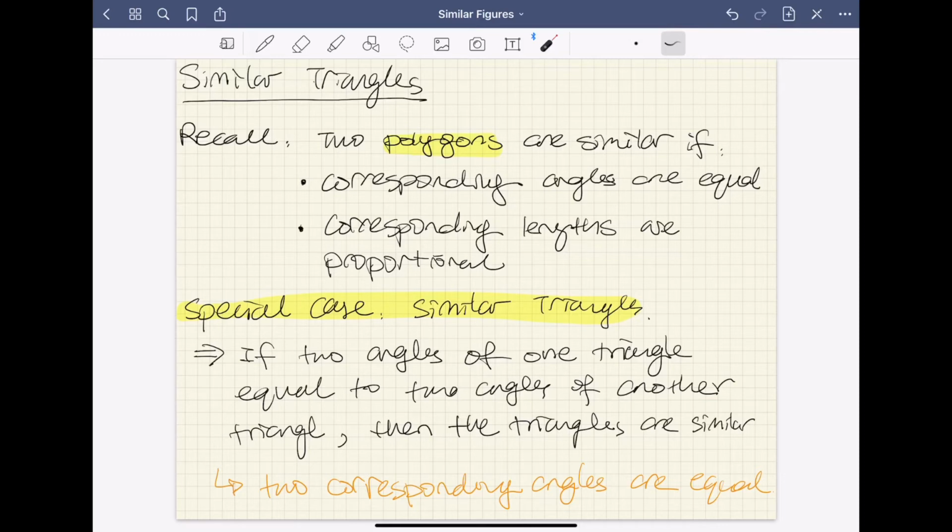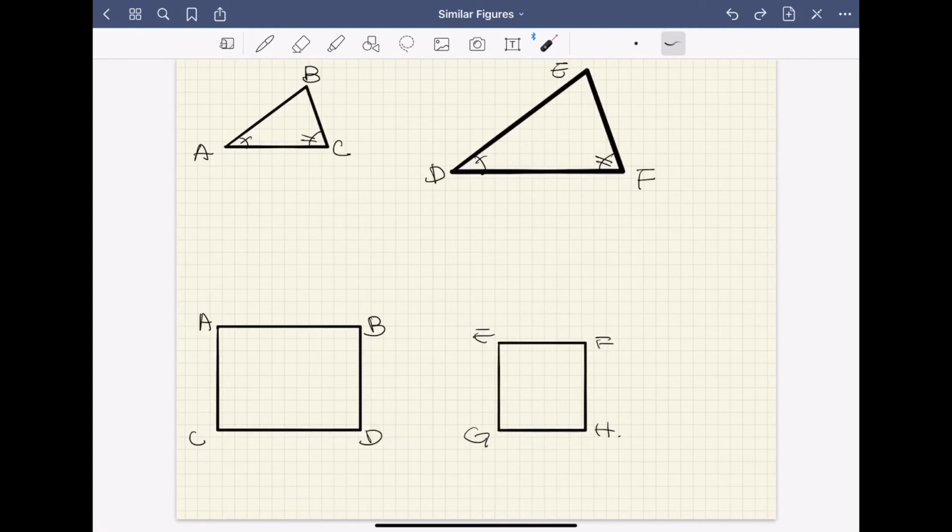In short, if two corresponding angles are equal, then the two triangles are similar. But the reverse always holds. So if two triangles are similar, then it follows that the three corresponding angles are equal and the three corresponding lengths are proportional.